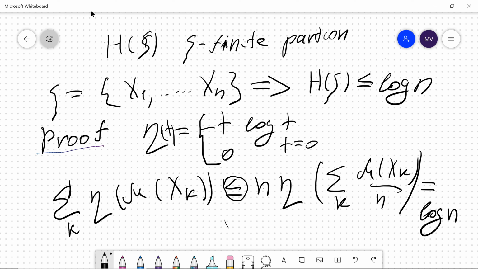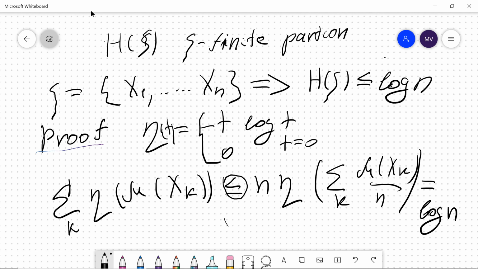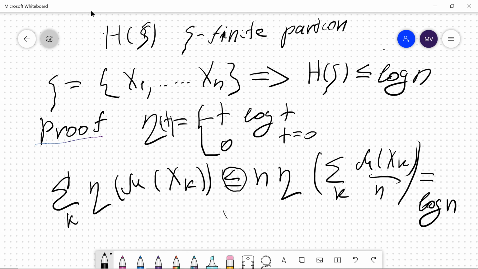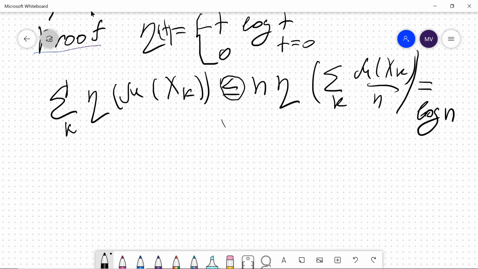The second property of measure entropy is as follows. We take the entropy of the union of xi, zeta, and theta, and we state that it is less or equal than the following sum: h of xi and zeta plus h of zeta and theta.